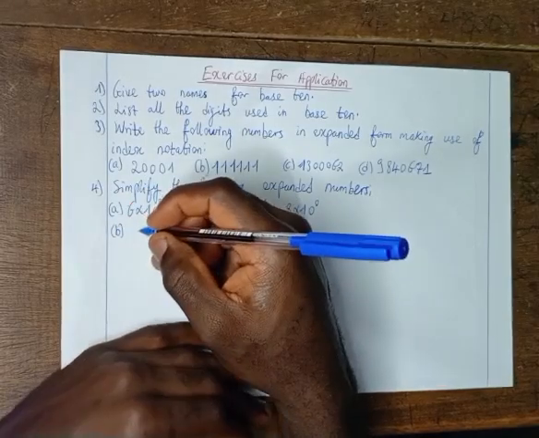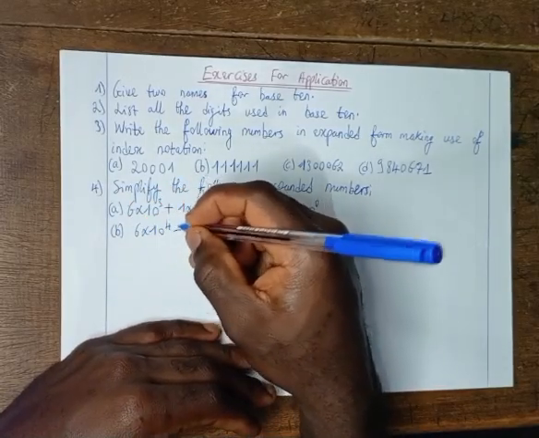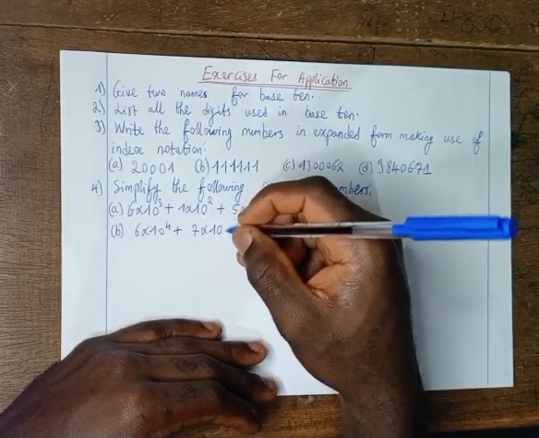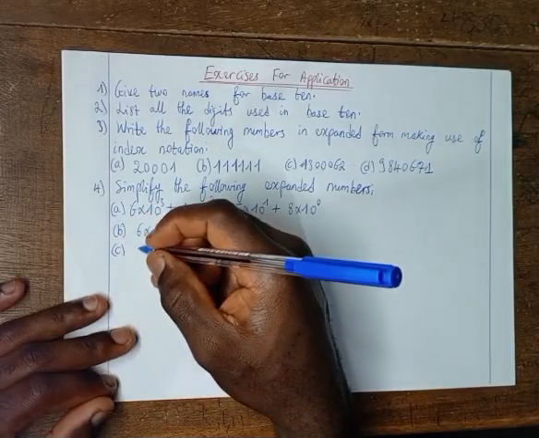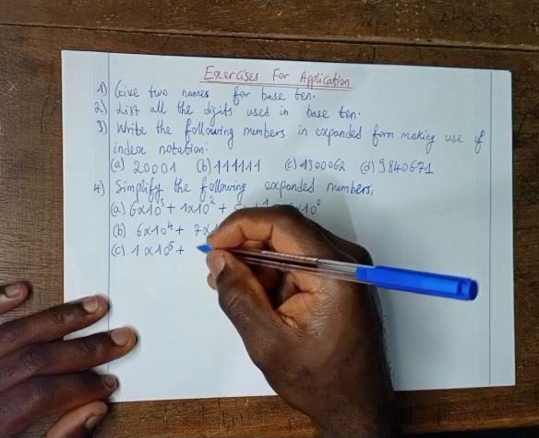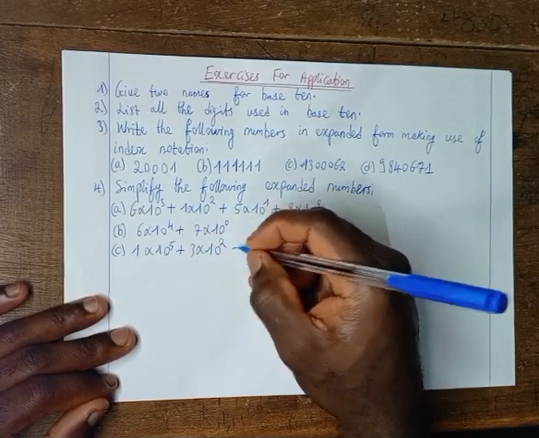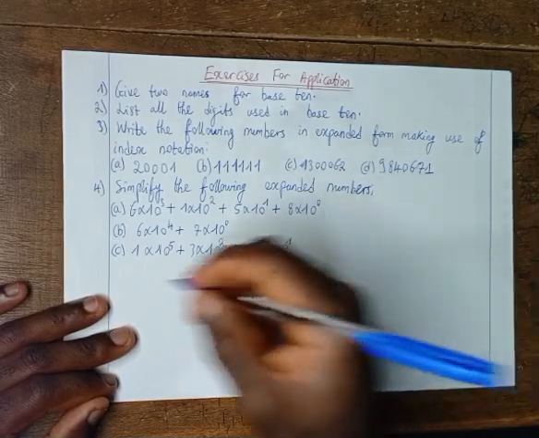For B we have 6 times 10 to the power 4 plus 7 times 10 to the power 0. C we have 1 times 10 to the power 5 plus 3 times 10 to the power 2 plus 7 times 10 to the power 1.